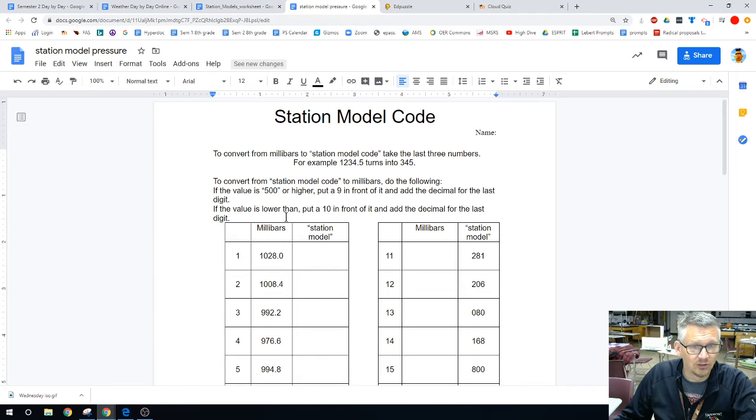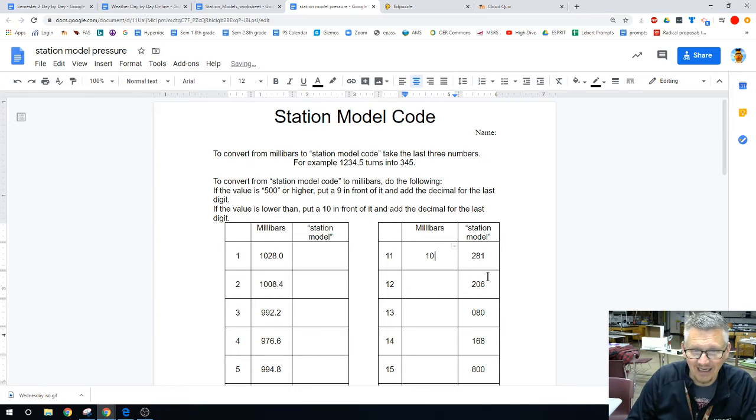If the value is lower than 500, put a 10 in front of it and add a decimal for the last value. So like this one here, this is 281. 281 is lower than 500, so we will put a 10 in front of it and make the last digit a decimal.